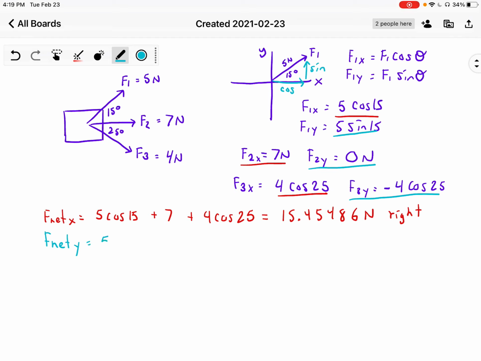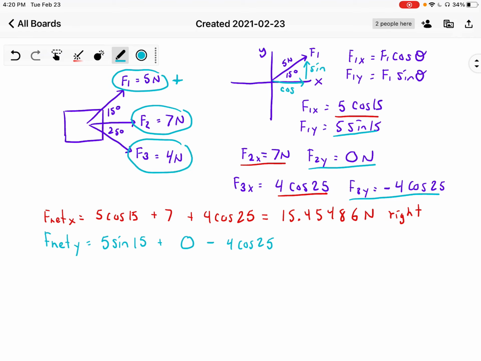Or 5 sine 15, and that's coming from F1, which is directed upwards, so that's a positive y component, and 0, because F2 isn't pointing in the y direction, minus 4 cos 25, and that minus sign is because we can see that F3 is pointing downwards. So it's subtracting from the upwardsness of F1.